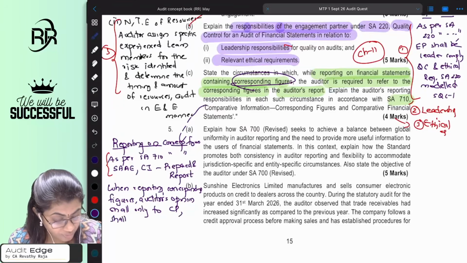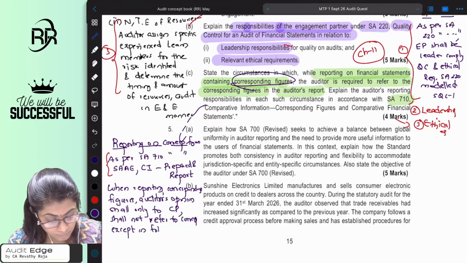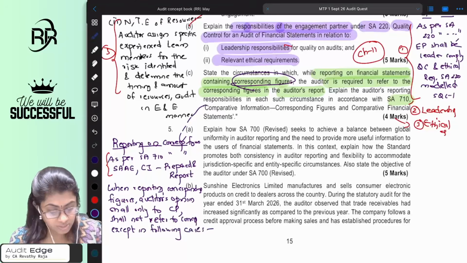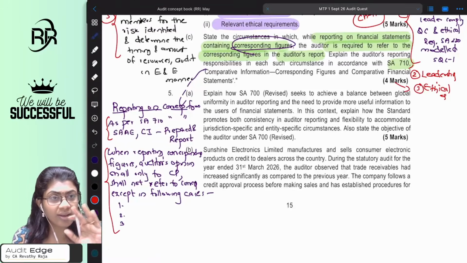Shall not refer to corresponding figures except in the following cases. Now, there are three cases: 1, 2, 3. You can write and stop. So this should be your second and final part.